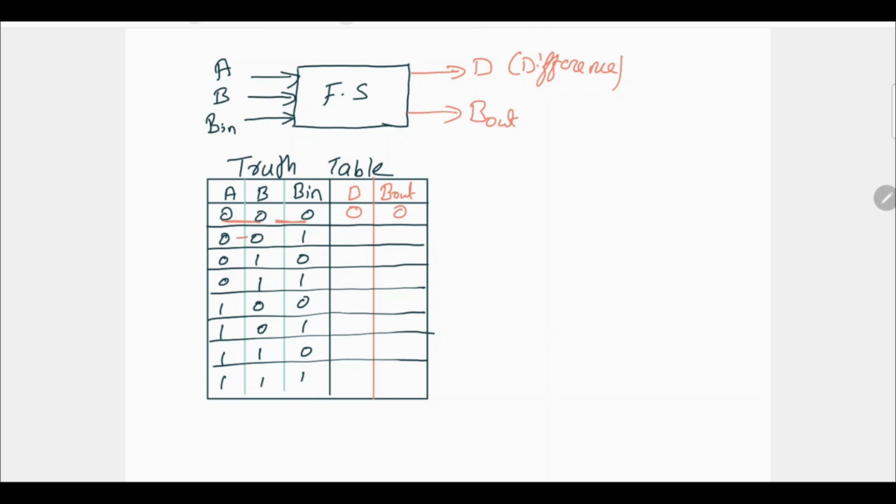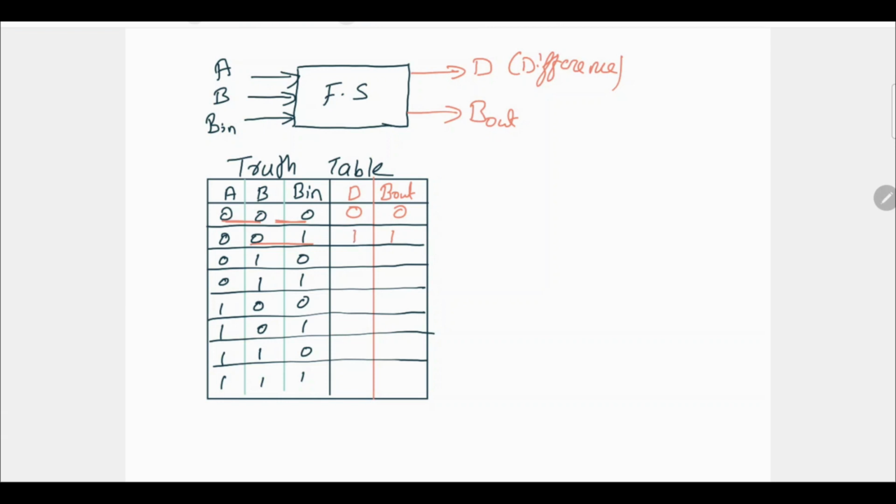The next case, first 0 minus 0 is equal to 0. Now, this 0 minus 1, yes, we can do that, but it is smaller number minus larger number. We can do that with a borrow 1 as we do in decimal number system. So, we have a borrow 1 because in order to do 0 minus 1 we need a borrow and the difference is 1.